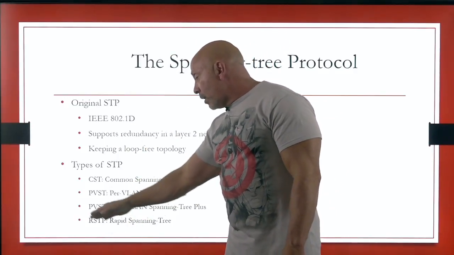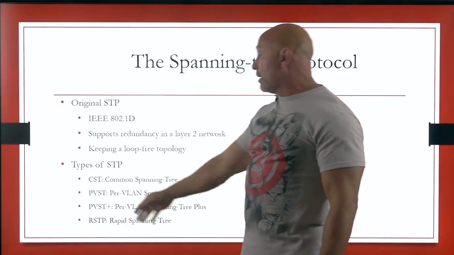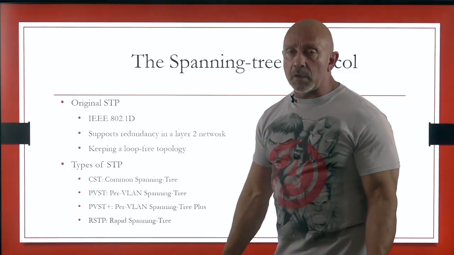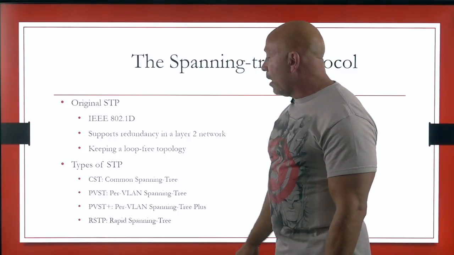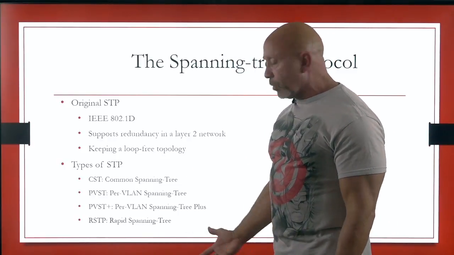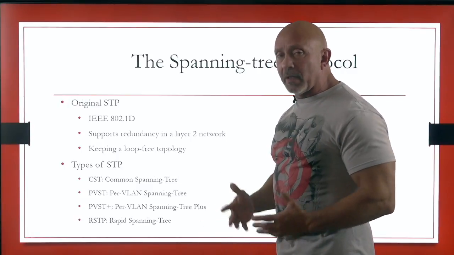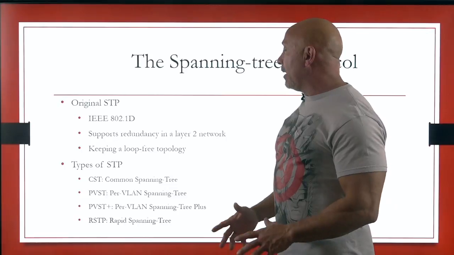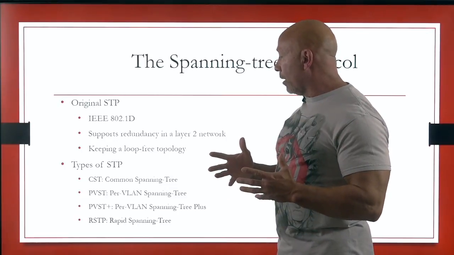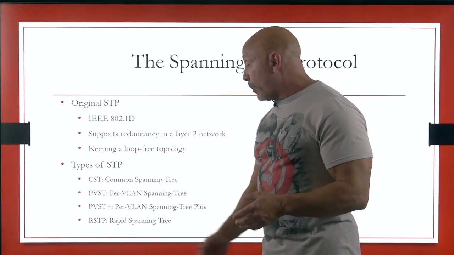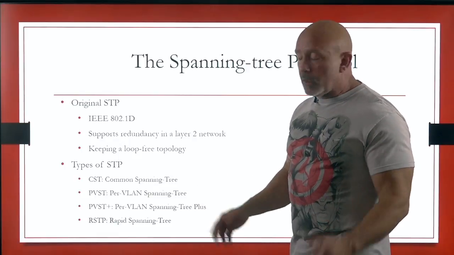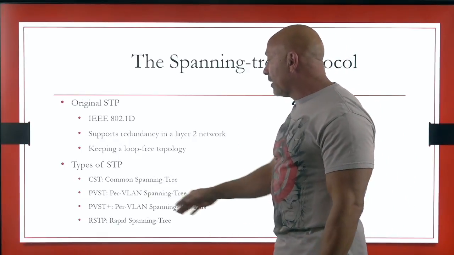But why would you? You want to have Rapid Spanning Tree or at least PVST. I'll show you how to change it to Rapid Spanning Tree, which is what you want to have: a higher rate of convergence for one, and then you can have the same thing, a per-VLAN spanning tree as well. So definitely this is the way to go.